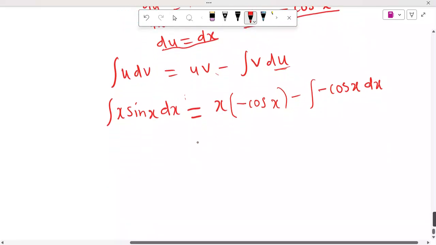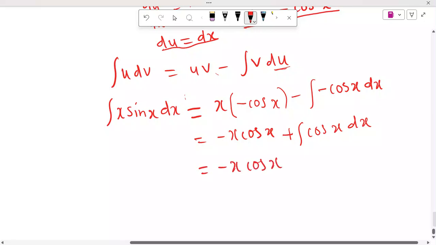Okay, so this is equal to negative x cos x. The negative can come outside, we discussed that in our previous videos. Negative multiplied by negative will be positive, so here we'll have a positive cos x dx. So this is negative x cos x plus, then what is the integral of cos x? It's just sine x.